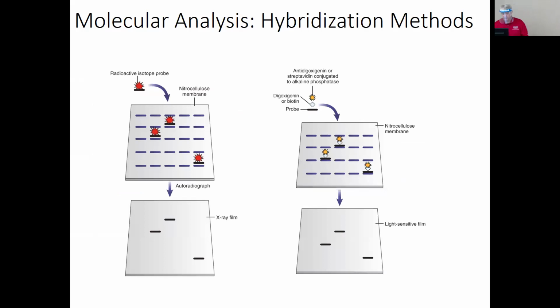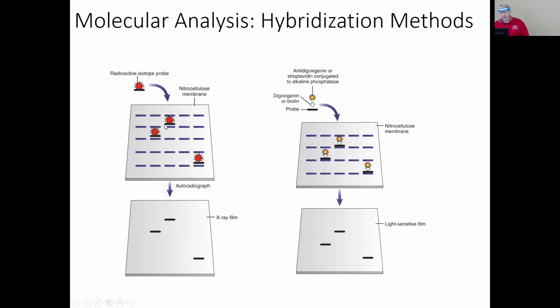So on 1211, I think we have it. Here's the radioisotope probe, using it on this side. Here is the conjugated alkaline phosphatase, which is kind of like where we use horseradish peroxidase over here. And then you had your probe. Here's all the DNA sequences in the gel.